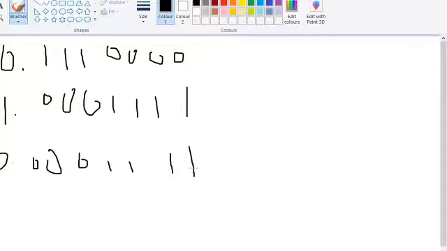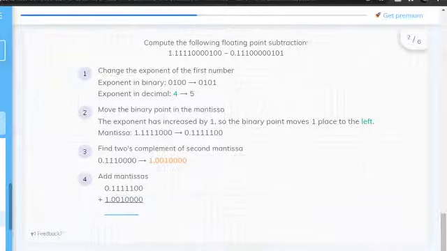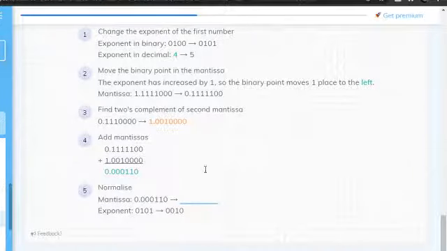Give us a second to figure this out. Okay, so it turns out, I think they converted it back and then they did it. So if we were to add this, it'd be 0011100, and then 110 00.